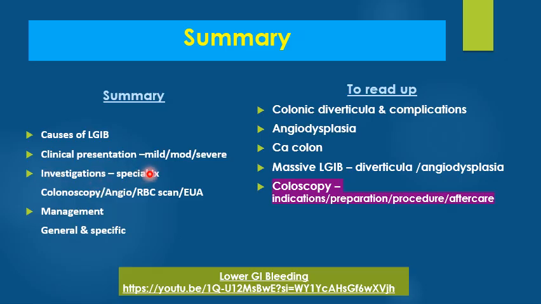Special investigations for this particular condition, the most important is colonoscopy. Others include angiogram, which can be catheter angiogram or CT angiogram, RBC tagged scan, and examination under anesthesia if the patient has got no time to go through all these investigations. Okay, on the table, colonoscopy and EUA.